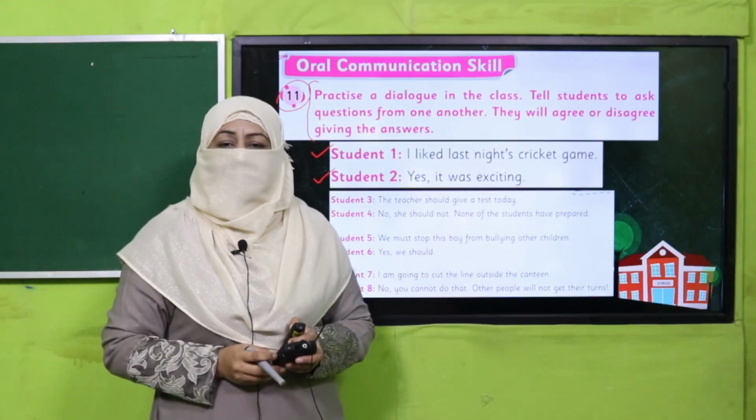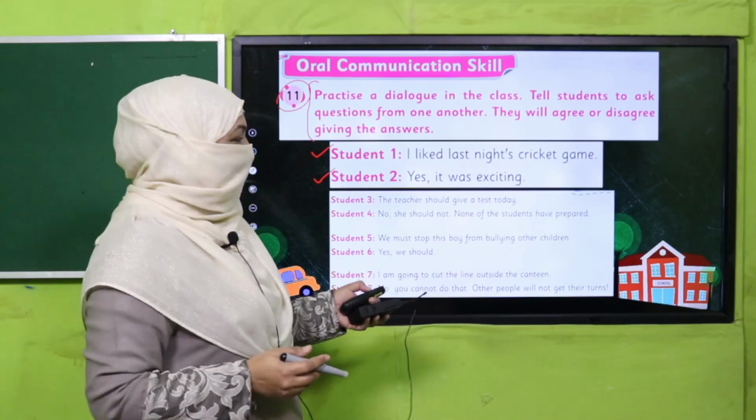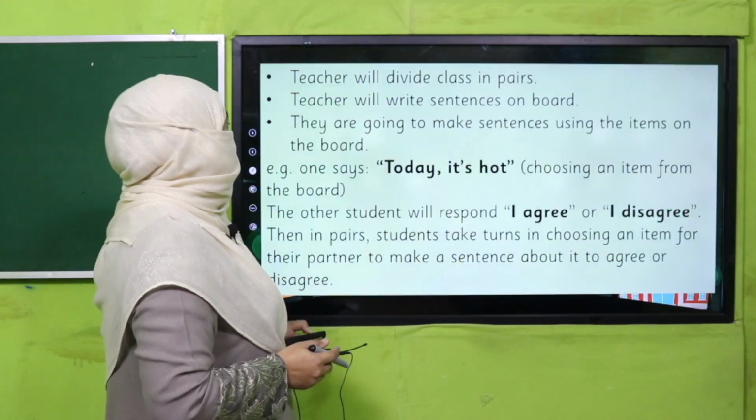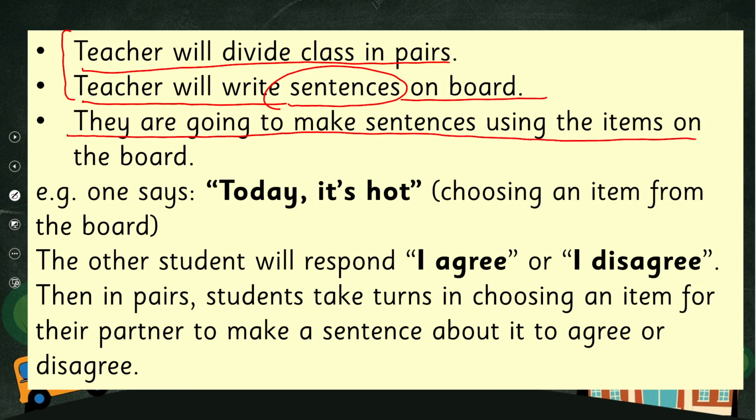Yes, my dear students, I hope you have practiced this dialogue or your own. That's good. So I have another activity for you. Now the teacher will divide the class in pairs once again and write sentences on the board. Now we are going to give you further practice. They are going to make sentences using items on the board. For example, the way I told, today is hot.